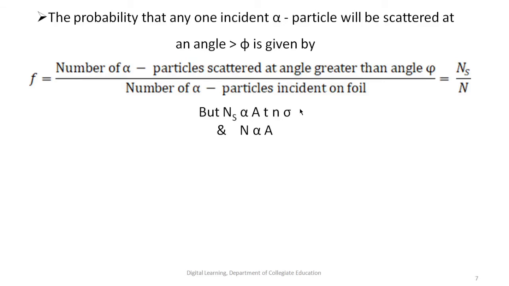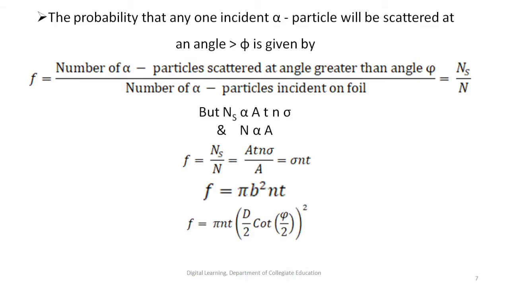Also, the total number of alpha particles N is directly proportional to area A. Then F is equal to ns by N, that is A T N sigma by A. A will get cancelled, then F is equal to sigma N T. We know that sigma is the scattering cross section, pi b square. Therefore F is equal to pi b square N T.